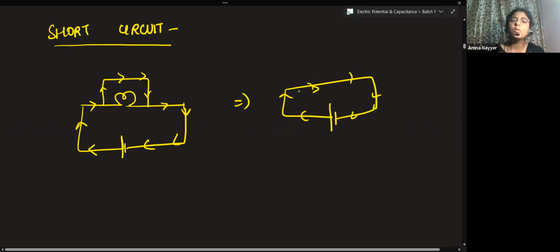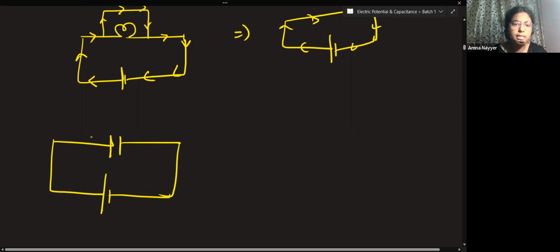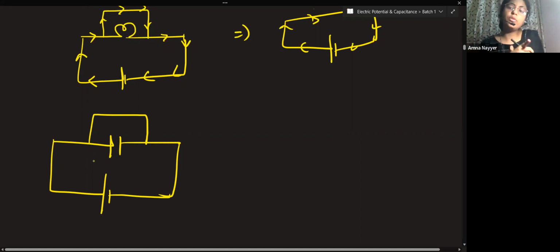So wherever you get a short circuit, for example, if you have a capacitor connected with a wire all along, see what will happen. Instead of the charges moving through the capacitor and making the working of the capacitor occur, all the charges will flow through the wire. So the capacitor is of no use to me right now.